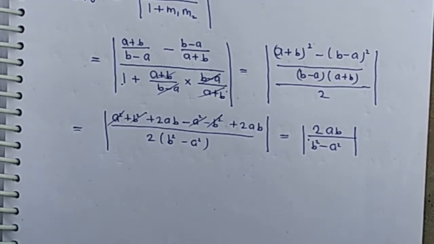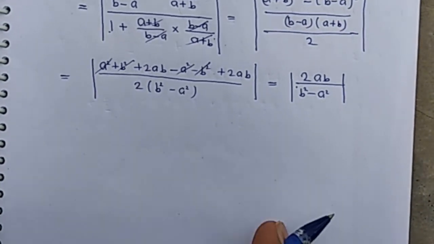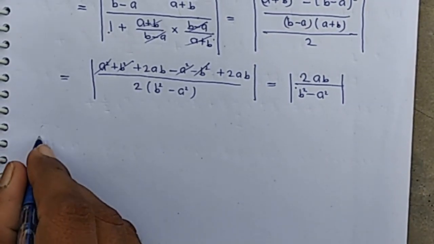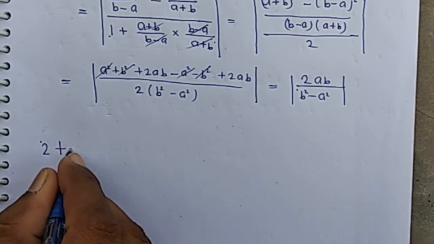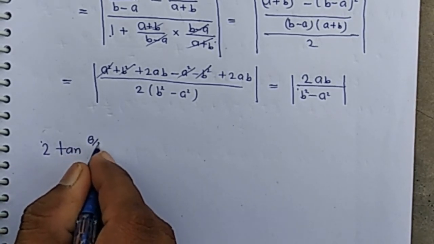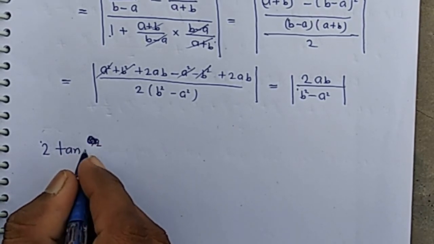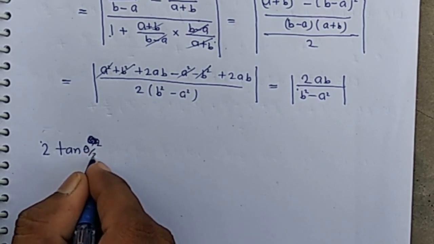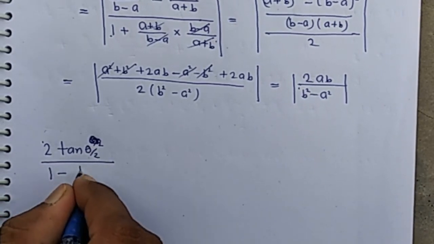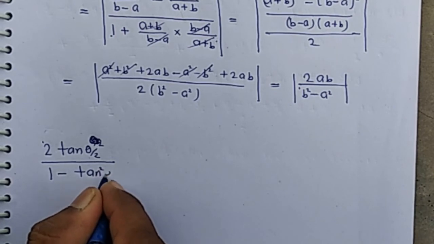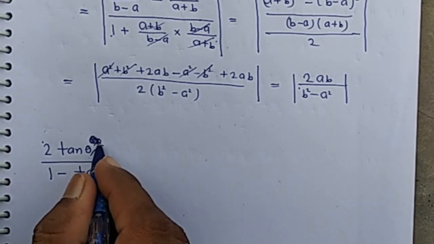Now we know the formula for tan 2A is 2 tan A upon 1 minus tan square A. Then tan theta equals 2 tan (theta by 2) by 1 minus tan square (theta by 2). It is the formula for tan theta.